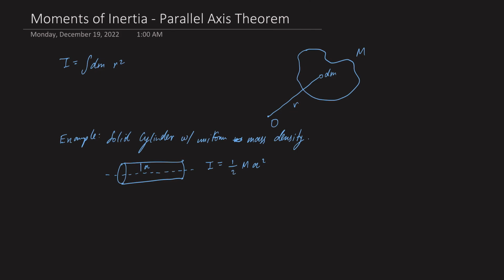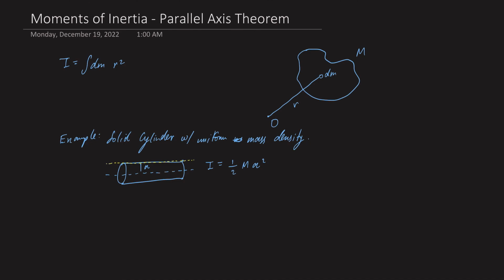And now a question arises. What happens if we want to calculate the moment of inertia of the cylinder if the axis were instead over here? We would be rotating the cylinder about its edge. If we were to rotate the cylinder about its edge instead of its center, it would be harder to do so. It would take more effort.